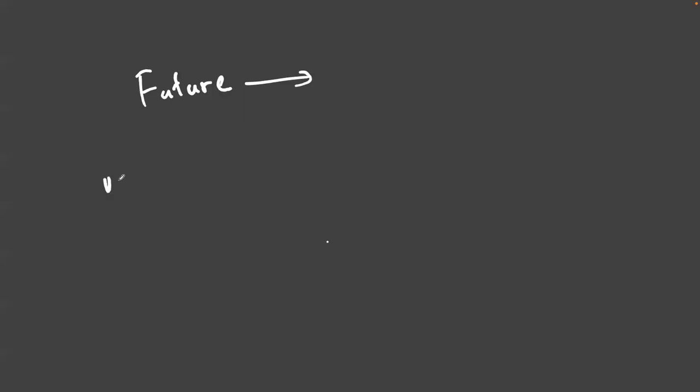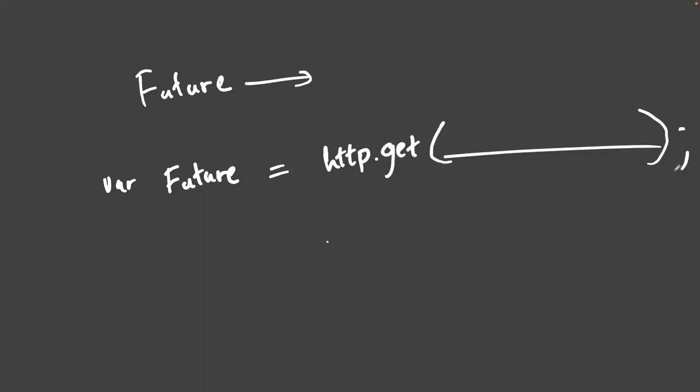You can just take var future and cache that, right? http.get. You are given the URL, right? So you will get the future. So in future, what we can do is take that future and then we can call then.